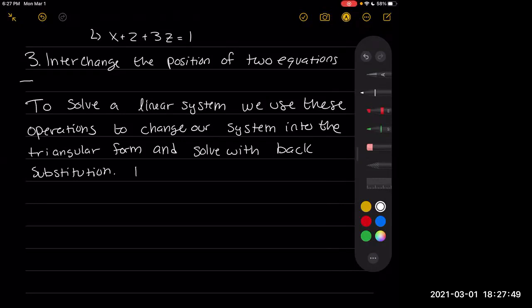And this process is called Gaussian elimination.